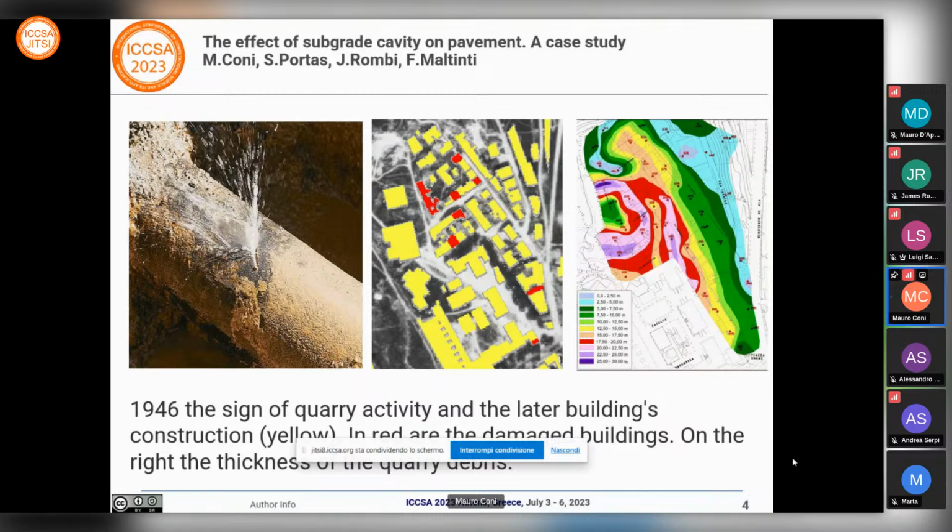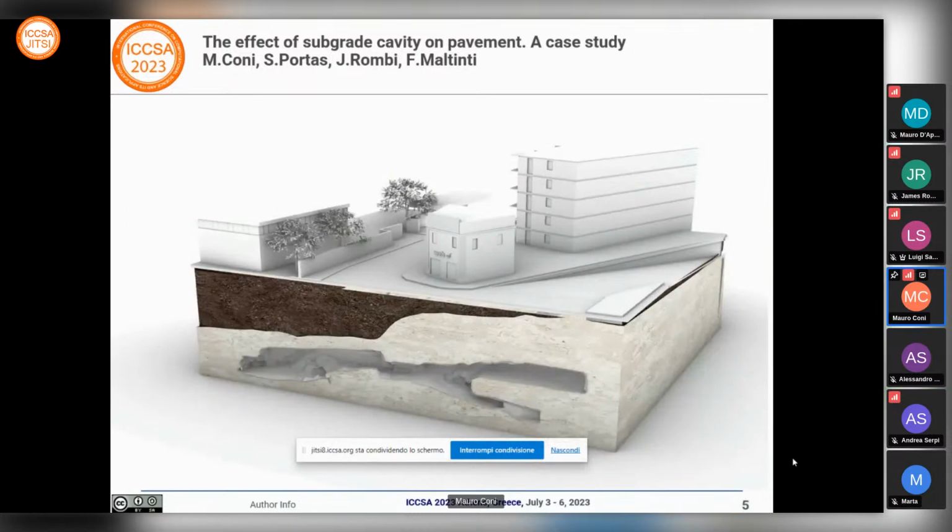And in the image on the right, you can see the thickness of the debris that covers the area. At the moment, huge cavities are in the underground, and the municipality is starting public works to fill part of this cavity.